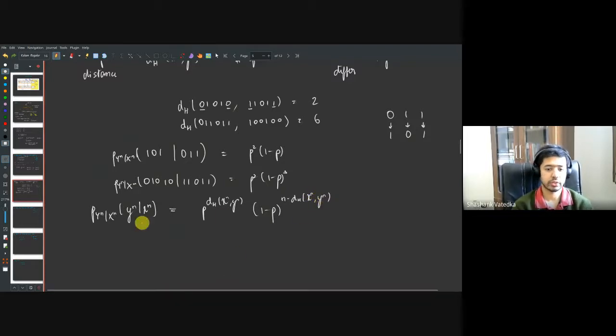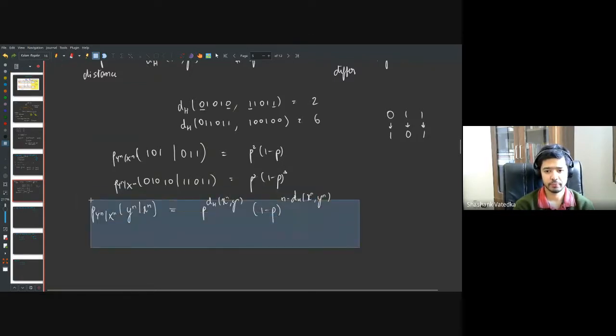So for any xn and yn, the probability that you see yn at the output, given that you had transmitted xn, is exactly this particular quantity. Okay, so that is good. Let's keep this in mind. We'll use this when we do some more calculations later on.